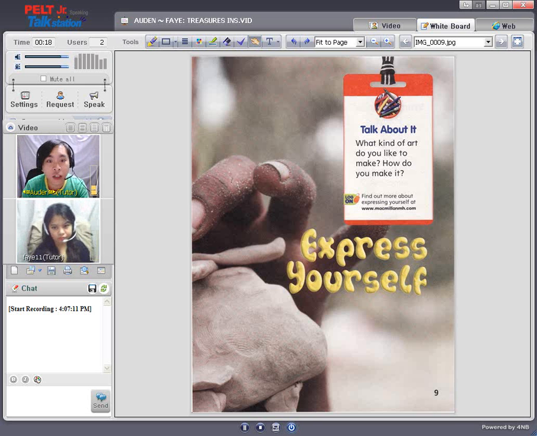Another page is picture description, and you can talk about what you can see, anything. This is to enhance your students' speaking skills, especially when you want to increase their speech when they speak or reconstruct their sentences.